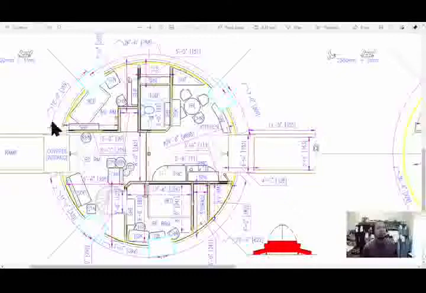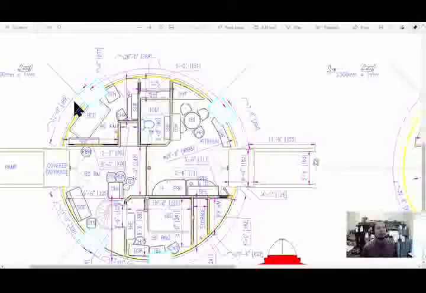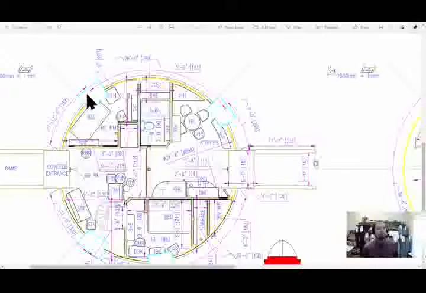The measurement or the dimensions on the outside again are from edge to center of the windows, not necessarily from edge to edge.